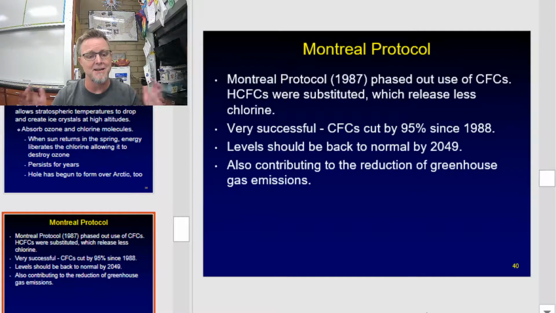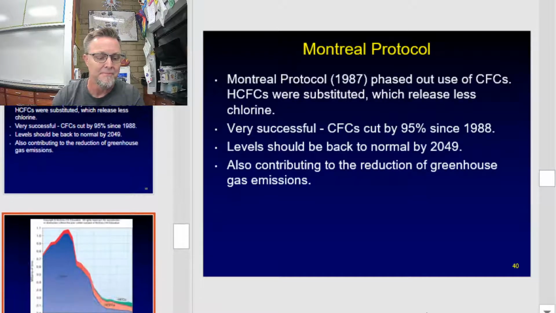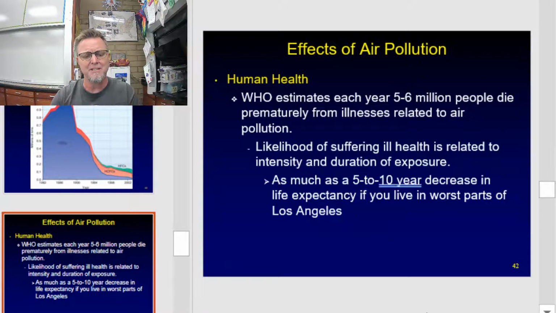They didn't necessarily adopt the Montreal Protocol or agree to abide by it. So, although the developed world is doing better, there's still the potential for chlorofluorocarbons to enter the atmosphere. We're hopeful that because levels have been cut, we can get our ozone pretty much back to normal by the year 2049. Okay? Now, the effects of pollution.